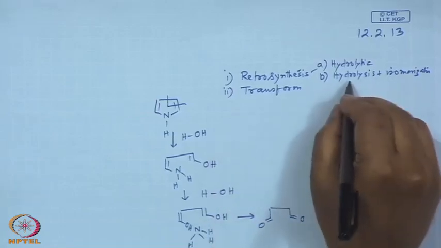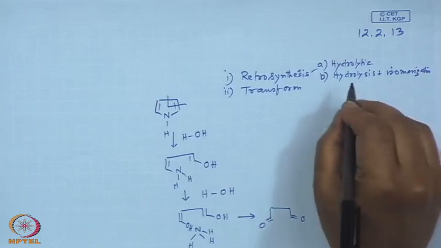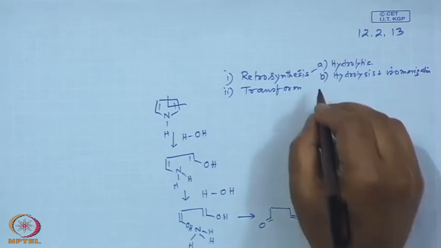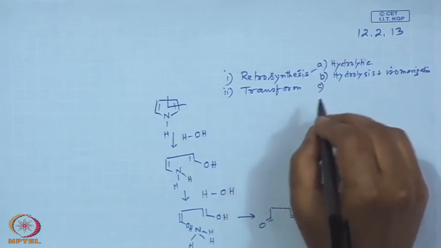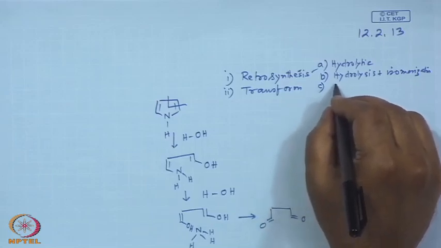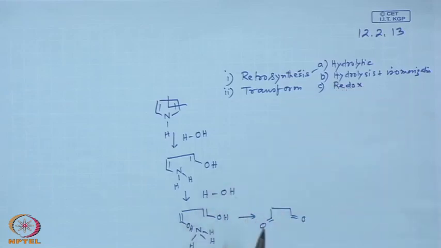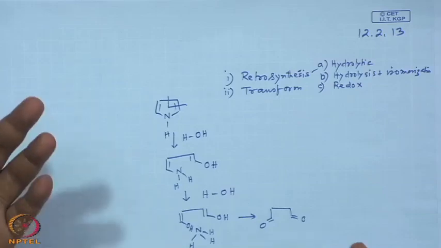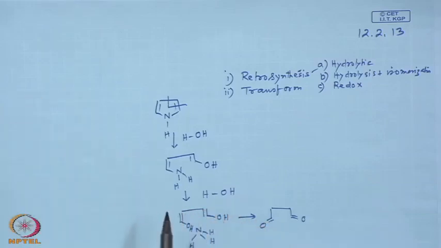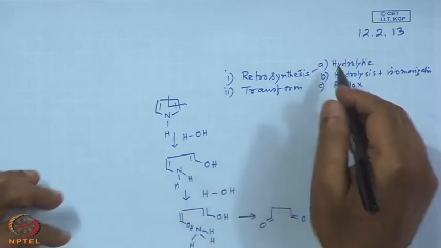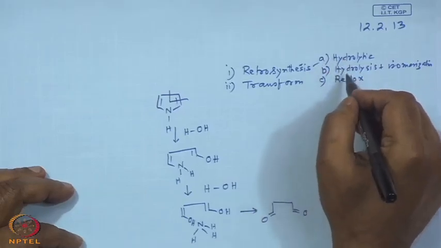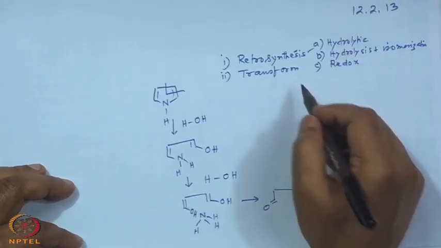Or the vice versa, isomerization followed by hydrolysis or hydrolysis followed by isomerization. Third could be a general kind of transform, the redox. That means either you oxidize or reduce, okay. But if you want to go by these retrosynthesis, they are very broad.